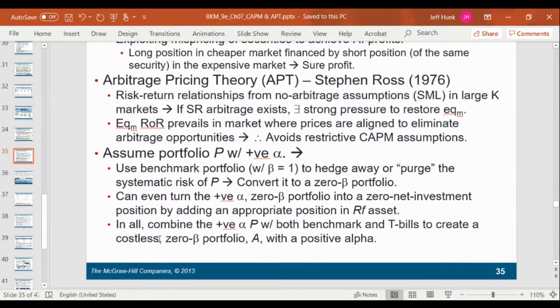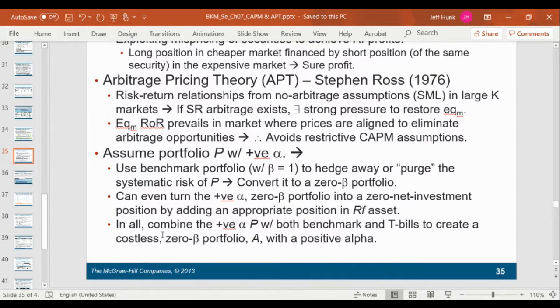So zero net investment position means you short sell something, right? Like risk-free assets. And with the proceeds, you invest in the long position. So then there is no net investment, right?